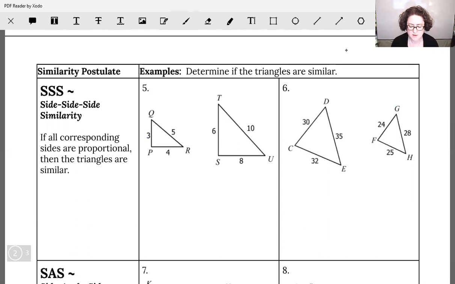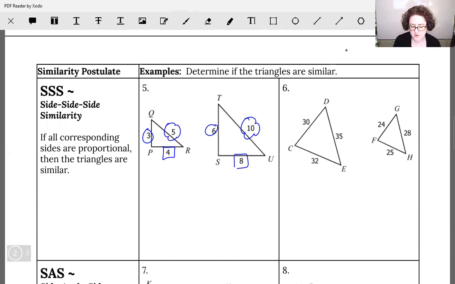So looking at number 5, do those triangles appear to be similar? Think about whether I can make the same ratios with all the corresponding sides. Let's check it the same way we did before: small side to small side, medium to medium, big to big. This ratio is a little easier to figure out.